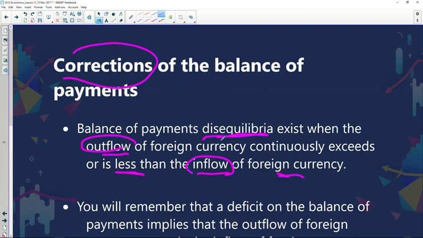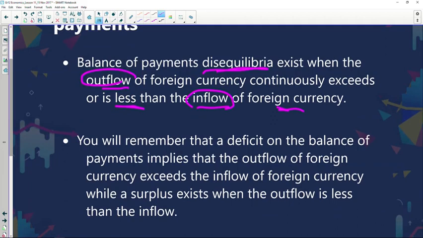So you will remember that a deficit on the balance of payments implies that the outflow of foreign currency exceeds the inflow of foreign currency, while a surplus exists when the outflow is less than the inflow. Okay, so it's important to have a look at the exports and the imports in a country.